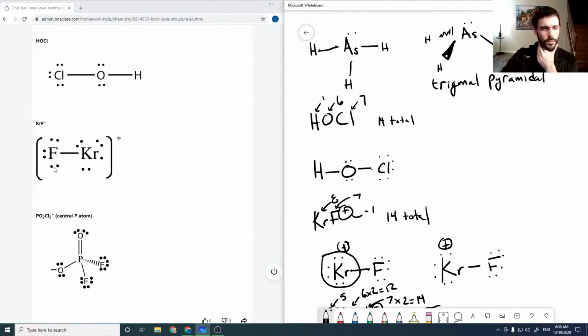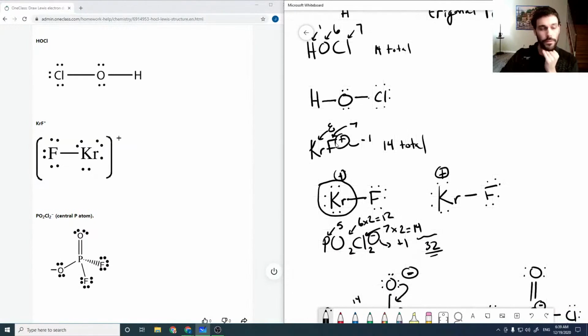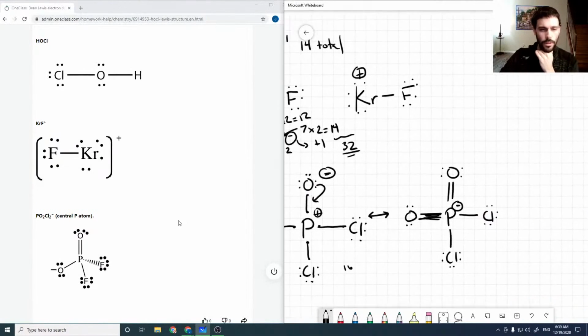There's 2, 4, 6, 8, 10, 12, 14, 15 electrons here. But KrF plus should only have 14, so that's just incorrect, I would say, as there's not the right number of electrons. We need to reduce the electrons from 15, which is the normal amount, to 14. So that structure is just not correct.